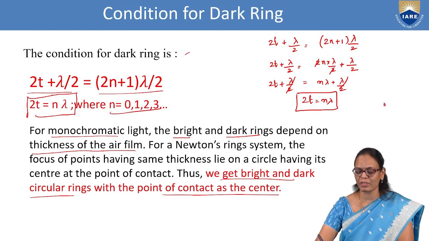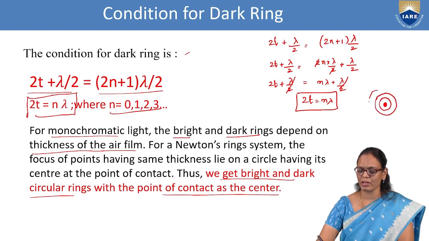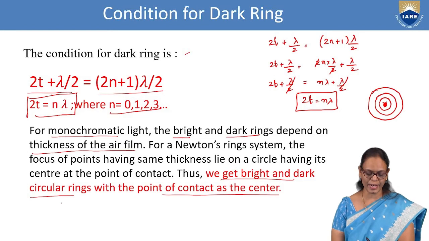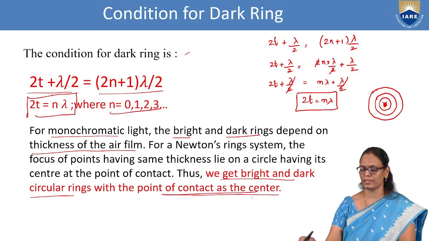If you have the center, we have seen that the central spot is always dark. This is the point of contact. So after that you have a bright ring, then again a dark ring, bright ring, dark ring. So they are concentric rings, symmetric to the point of contact.